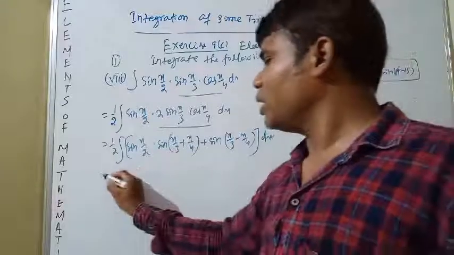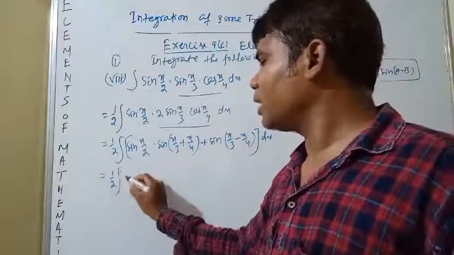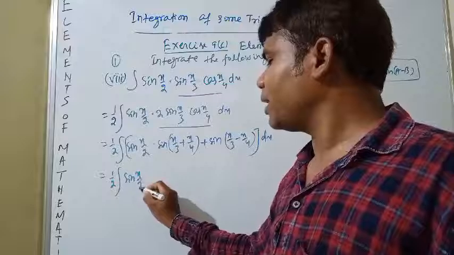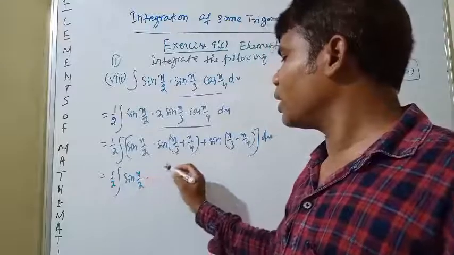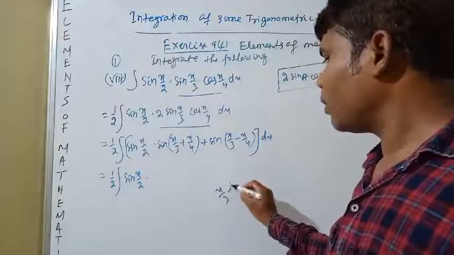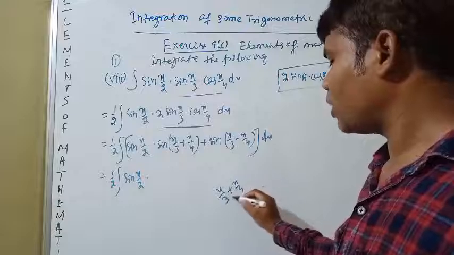That is half the integral of sin x by 2 into, x by 3 plus x by 4, how much?